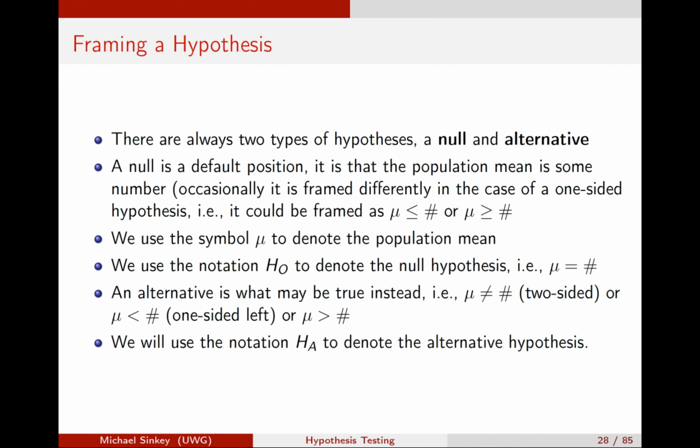In one category, the mean is some number, the mean is less than or equal to some number, the mean is greater than or equal to some number. But there's always some specific number that the mean is equal to, and that's part of, or could be the entire null. The alternative is everything else. So if the mean is not equal to that specific number, then that's the alternative.